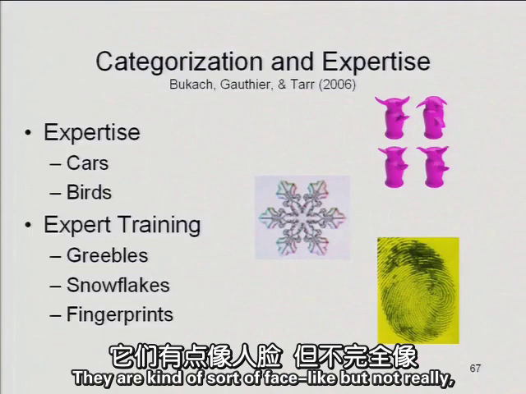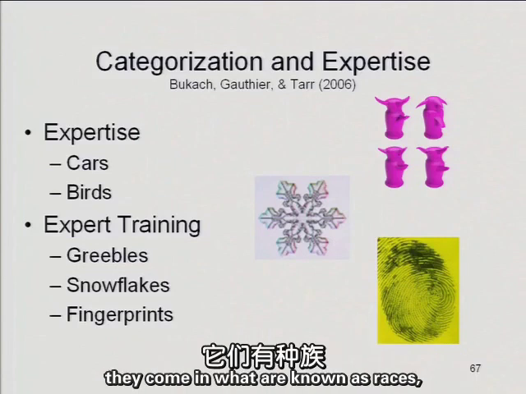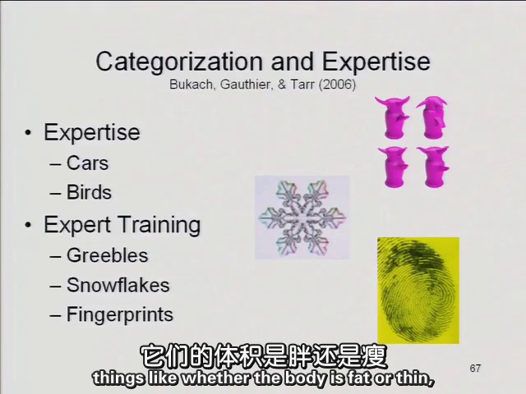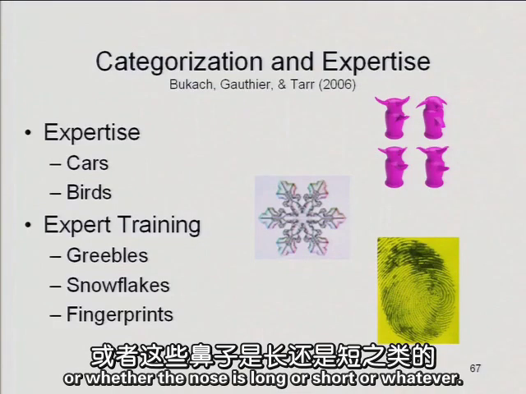They're kind of sort of face-like, but not really. But the really nice thing about these greebles is that they come in what are known as races, genders, and ages, depending on things like whether the body is fat or thin, or whether the ears go up or down, or whether the nose is long or short, or whatever.